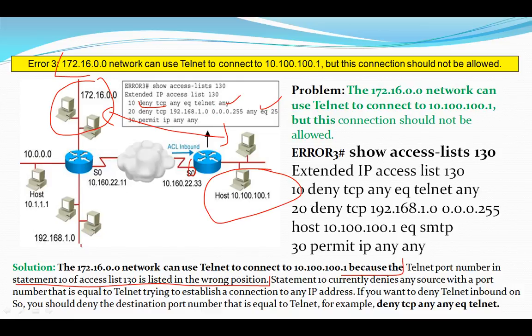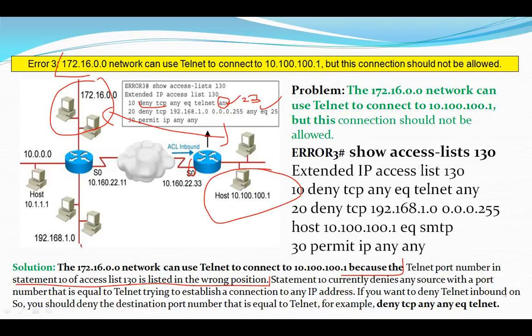We have to mention one dedicated port here. It should not be any; it should be 23. So this is the first issue. Statement 10 correctly denies any source with a port number equal to telnet trying to establish a connection to any IP address. So it is completely denying because we have taken any here.